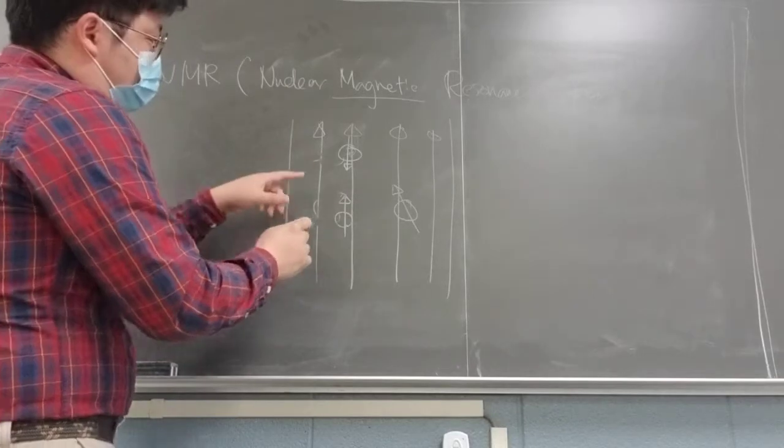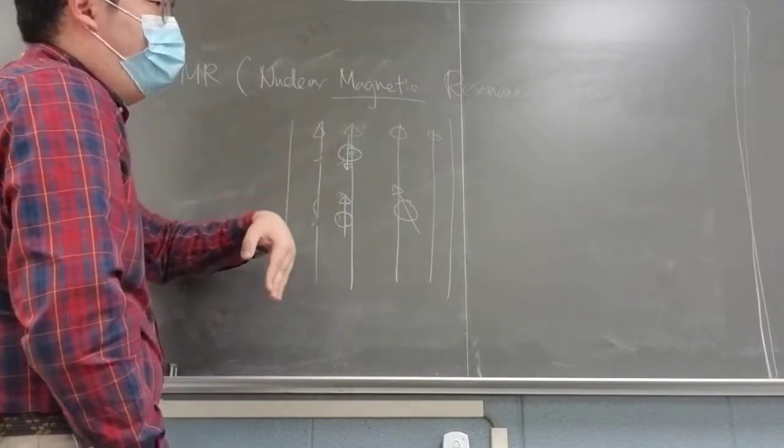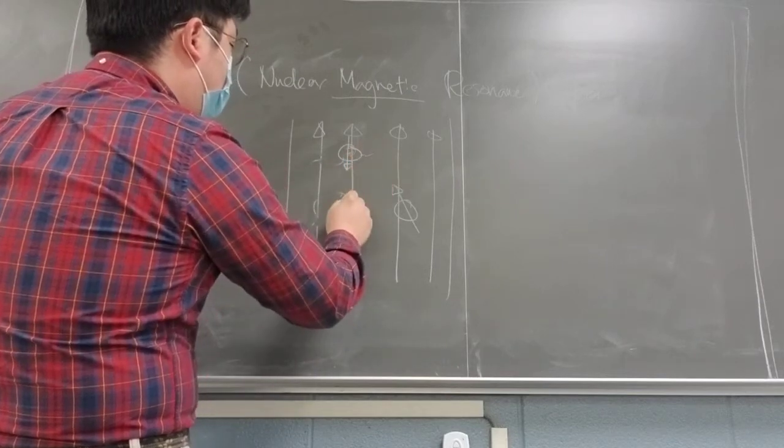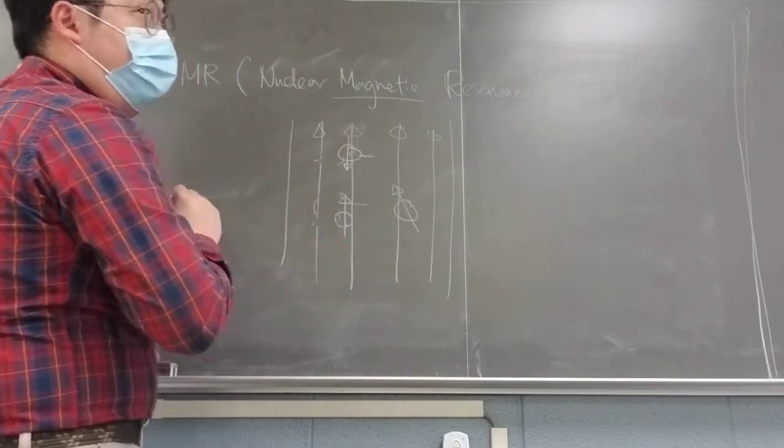Obviously, this is the one going against the external magnetic field, but this is more unstable, meaning it is higher in energy level.